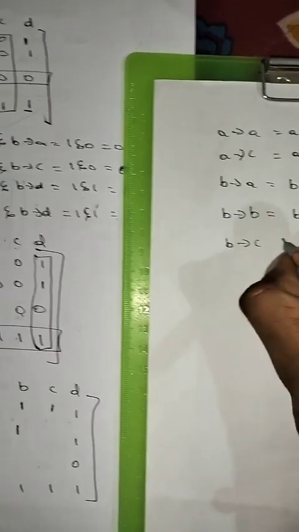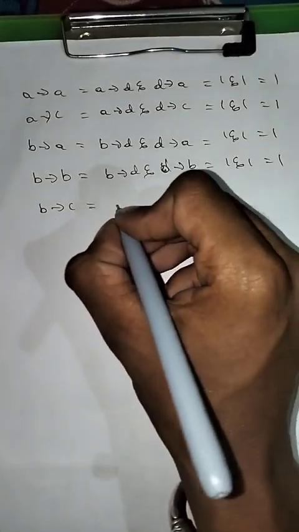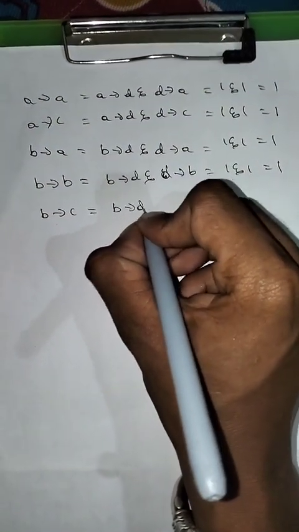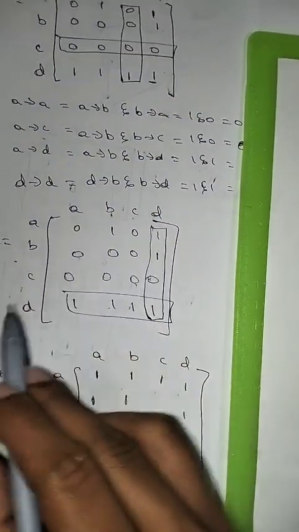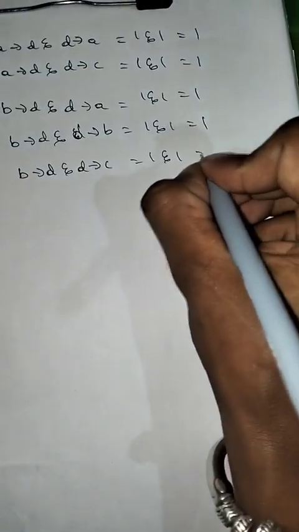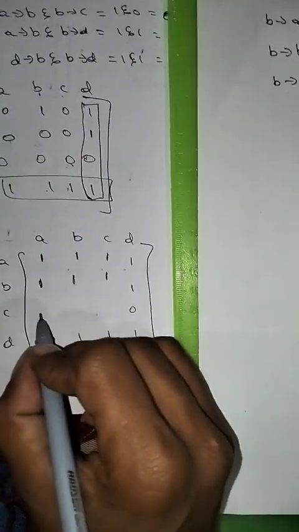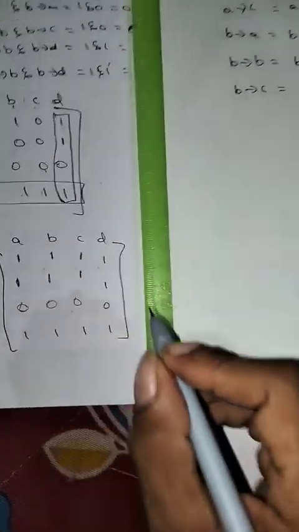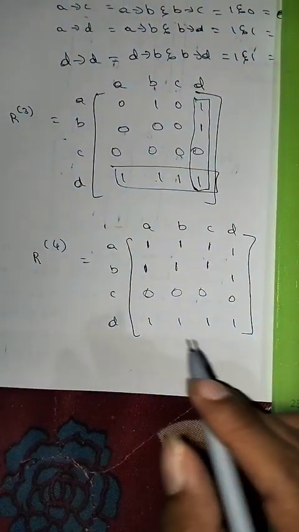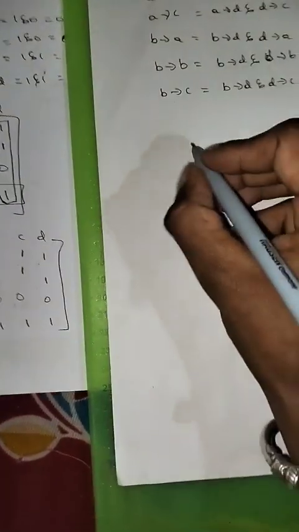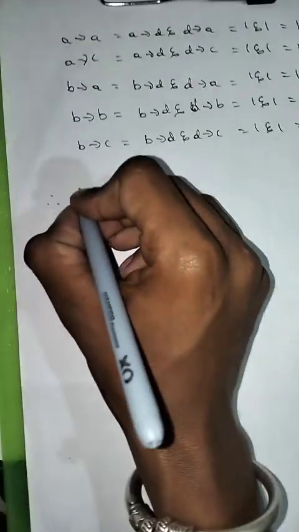Next, B to C. In B to C we find B to D and D to C. B to D is 1, D to C is also 1, so we get 1 and 1 is equal to 1. Next, this is 1. Since the third row is full of zeros, we keep it as it is. So we obtain R4. This is the transitive closure matrix.